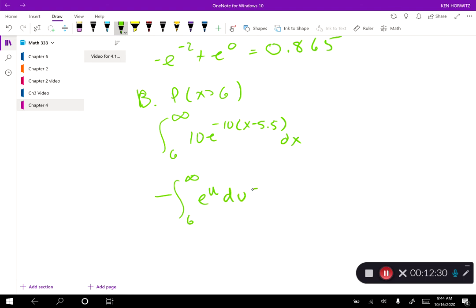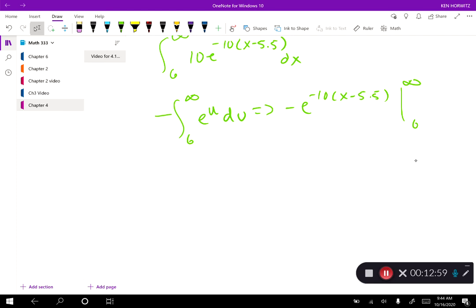All right, which then when you do the integral, you get negative e to the, I'm going to substitute right back in, negative 10 times (x minus 5.5), from 6 to infinity. Now, because our exponent is negative, we can transfer that directly to the denominator of our fraction, which means that when I plug in infinity, I get 1 over e to the infinity minus 1 over e to the 5th.